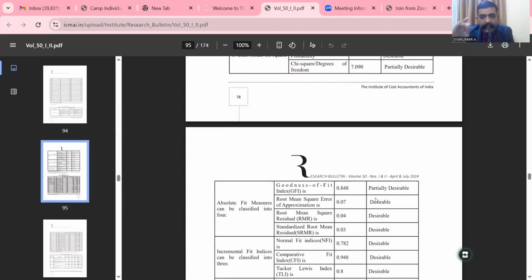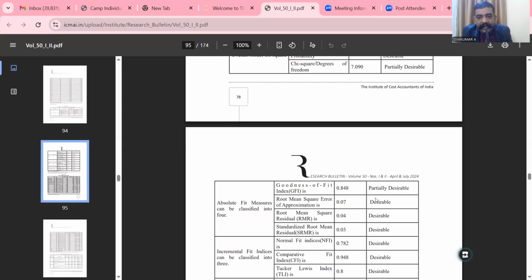and how to interpret the different model fit indices. What are the standard values? What are the standard norms applicable in the CFA? Those standard values or norms are applicable to the structural equation model also.